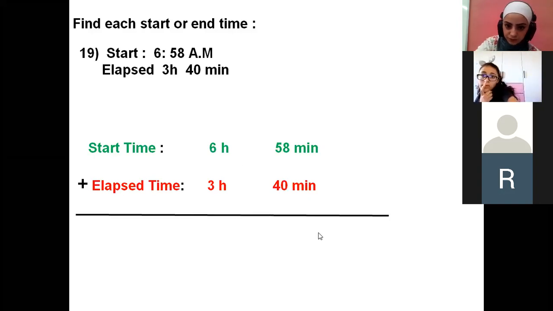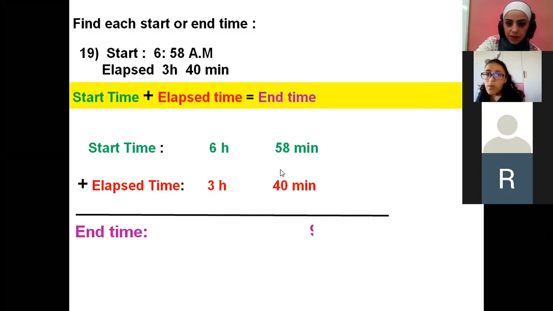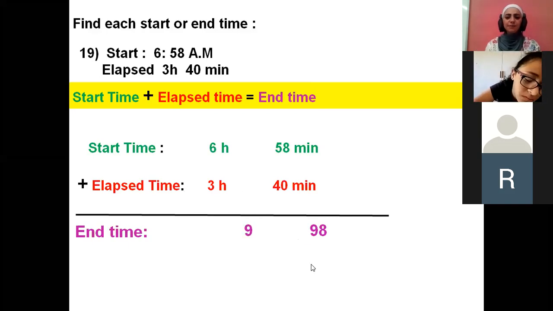When you add the minutes, look, 58 minutes plus 40 minutes, it's going to be big, 98 minutes. 6 plus 3 is 9. Is there 98 minutes? What is the maximum number of minutes that we could have? 60 minutes, or actually we don't see it as 60, we see 59. When it's 60, that's going to be an extra hour.